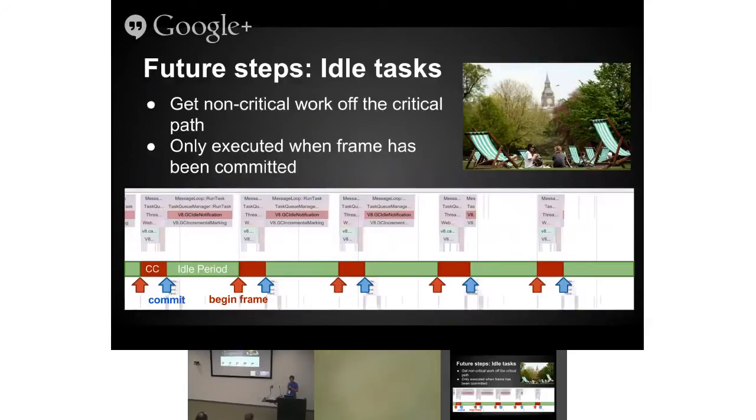The other big thing that we've been implementing is support for what are called idle tasks, and this goes back to what I was saying earlier: after the compositor has done its work for a frame, there's this time period shown in green where nothing else is supposed to be happening, and we can take advantage of that and do some idle work and basically stop before the next frame starts, so we don't disturb any rendering for the next frame.